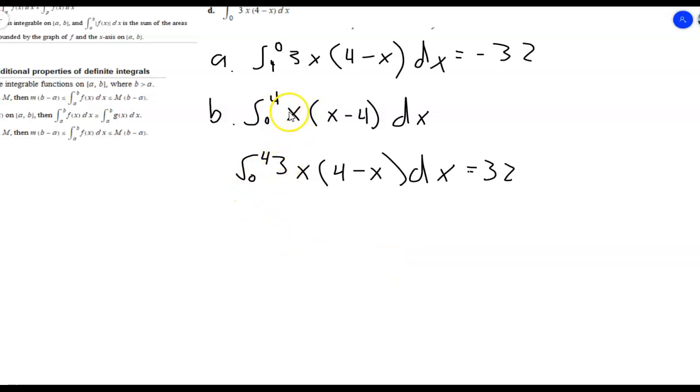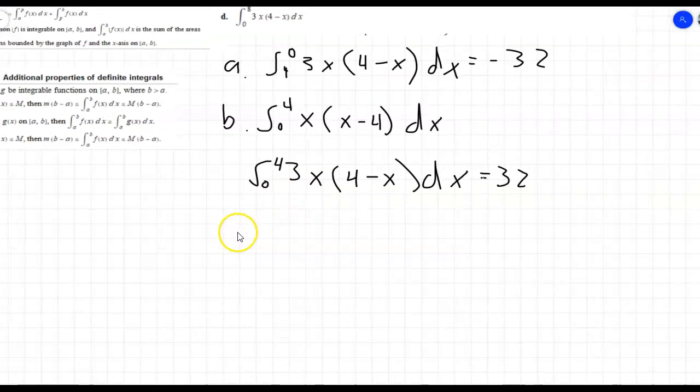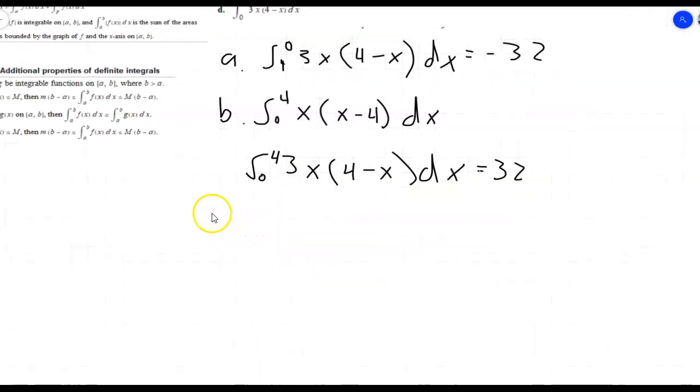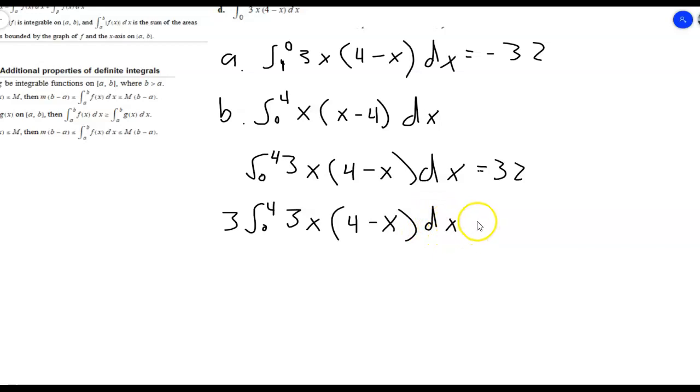In order to get this x by itself, I can pull out a 3 because it's a constant. So let's pull out a 3: 3 times the integral from 0 to 4 of x times 4 minus x dx. And this is still equal to 32.